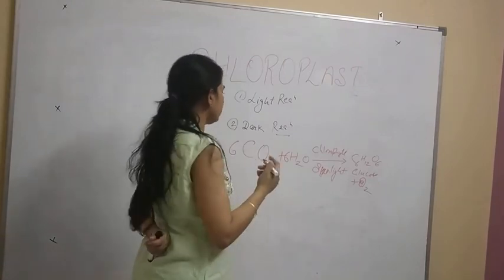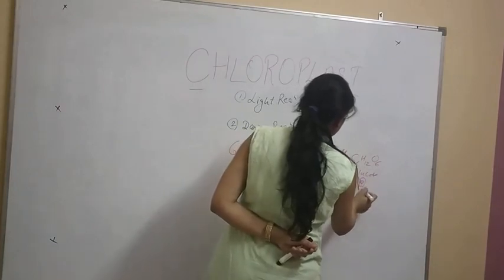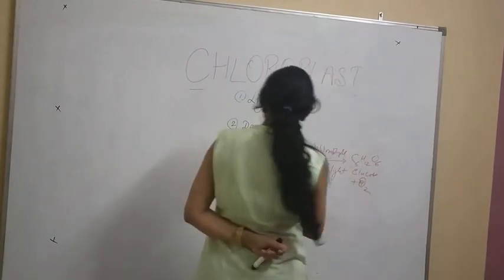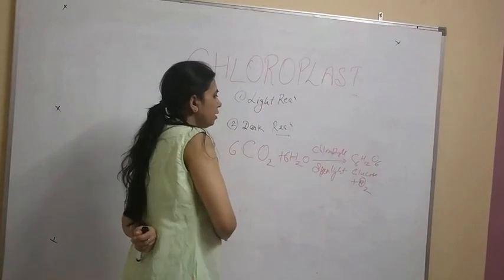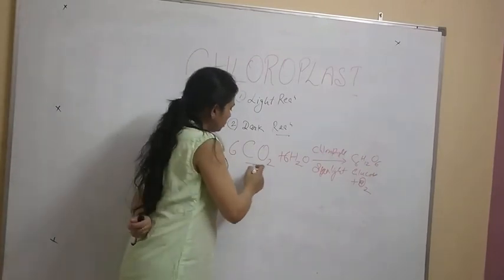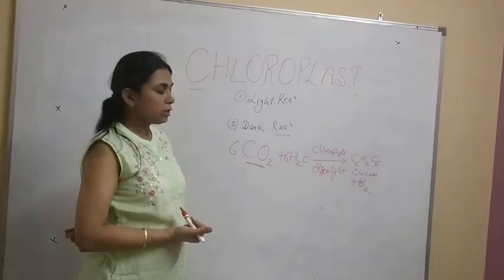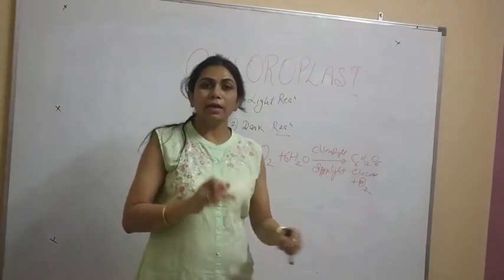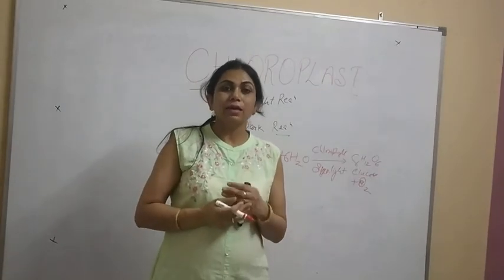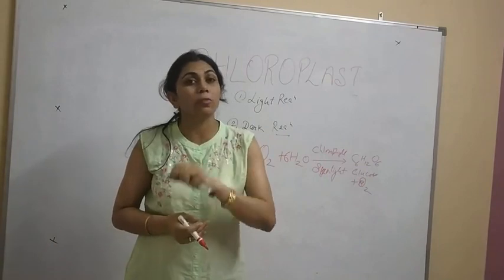Now in this process, from where does the plant take CO2? In the plants, again in the epidermal cells, there is a structure present, an opening, and that opening is called stomata.